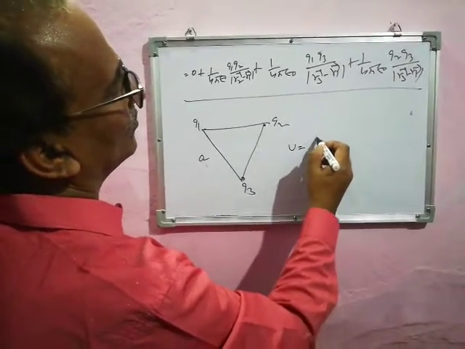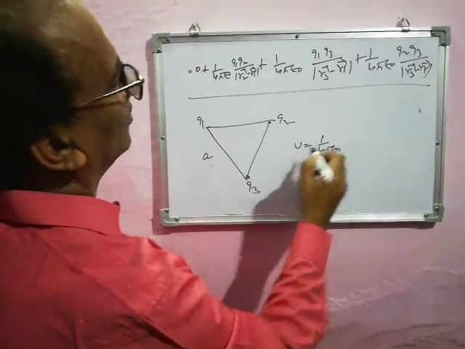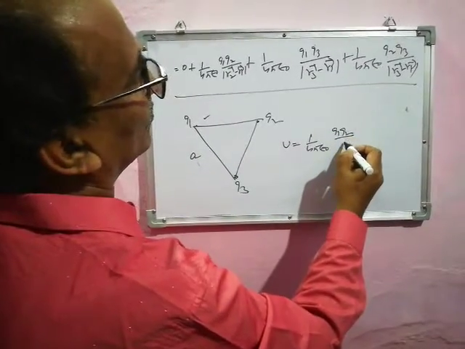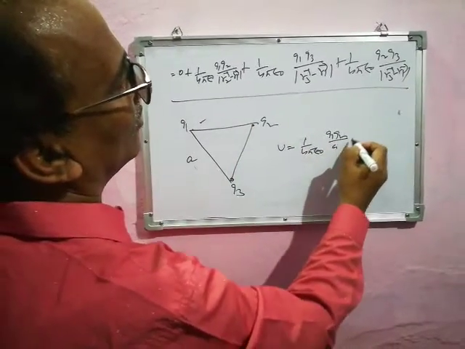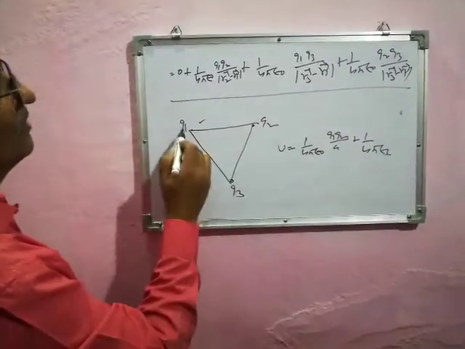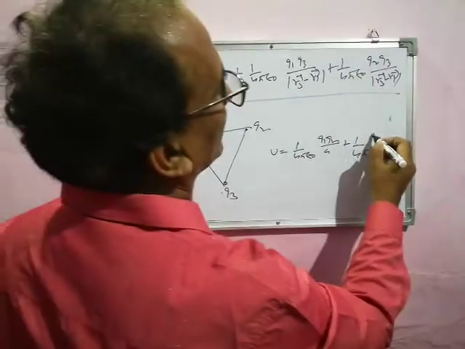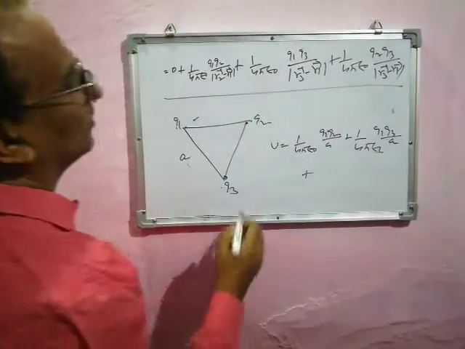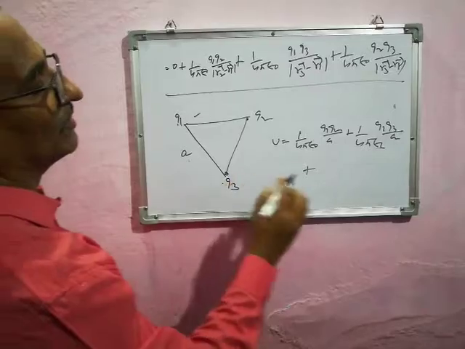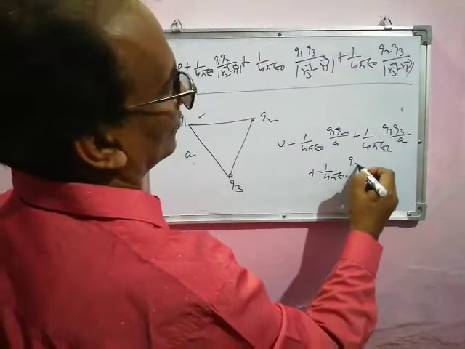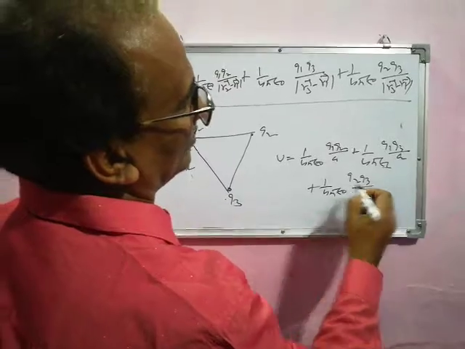It is equal to 1 by 4 pi epsilon naught, and due to this pair Q1 Q2 by distance A, thereafter 1 by 4 pi epsilon naught, and due to this pair Q1 Q3 by A, and again due to this pair it is 1 by 4 pi epsilon naught, Q2 Q3 by A.